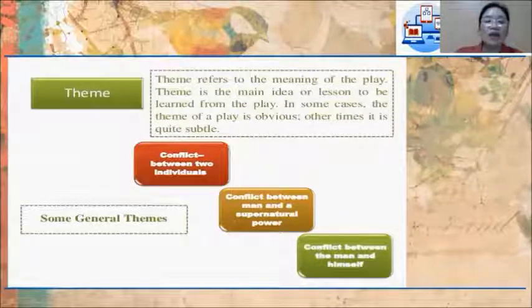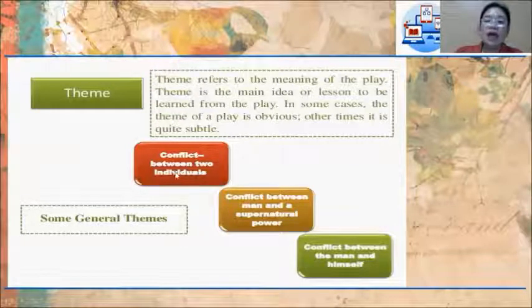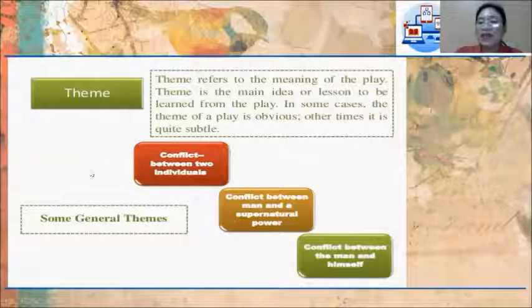Now, we have here a conflict between two individuals. Now, this conflict between two individuals is also known as conflict between the protagonist and the antagonist.